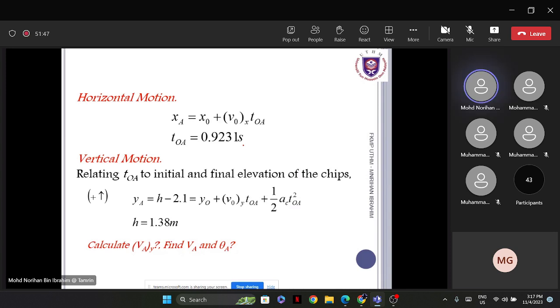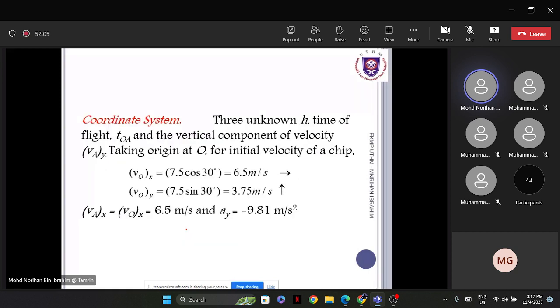In order to get the answer for this H, which is equal to 1.38 meters at the end, we need to follow this step by step. Initially, you need to find the initial velocity. The initial velocity is given, then the component of initial velocity, and through that we can calculate the final: VAX is equal to VOX.